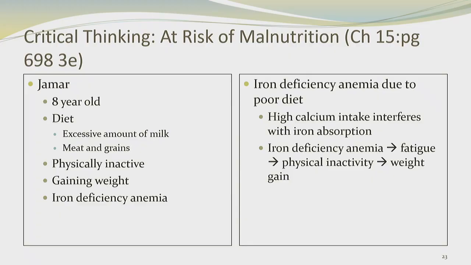And in addition to that, because he's physically inactive, we know that iron deficiency anemia gives us that drop in energy, and so he's not able to engage in as much activity because he's tired all the time. And this contributed to the weight gain and resultant overweight or obesity that we found in this case. Okay.